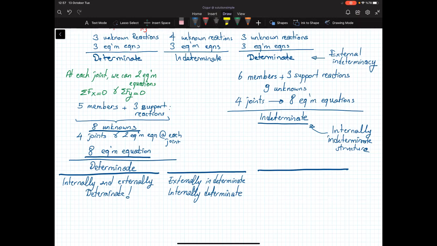So for me, it's an internally determinate structure. And the third one is externally determinate but it is internally indeterminate structure.